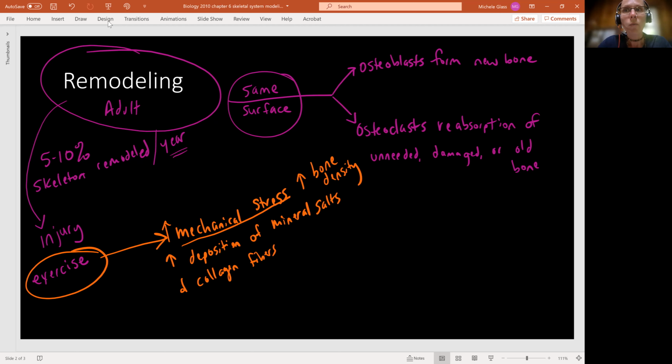So we're looking at the role of the muscle in exercising and pulling on the bone, creating mechanical stress, increasing our bone density. But just gaining weight, making the body heavier, is going to ultimately put a little bit more mechanical stress on that bone, right?